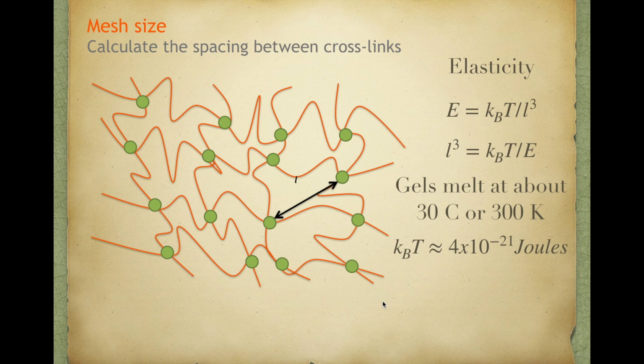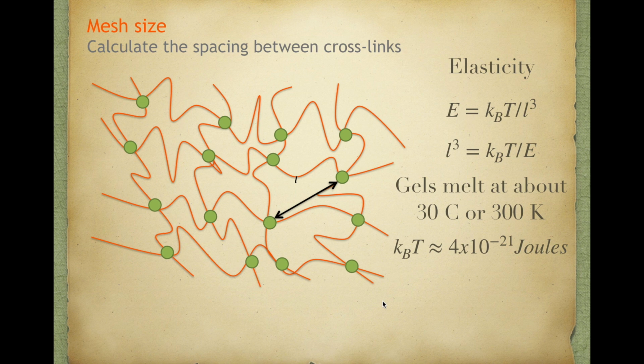Most gels melt at about 300 degrees Kelvin, so about 30 degrees Celsius, somewhere between room temperature and body temperature. And from that, we see that the interaction energy is about 4 times 10 to the minus 21 joules.